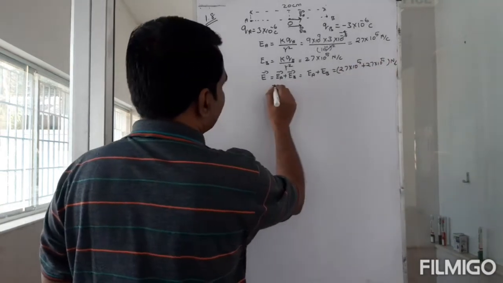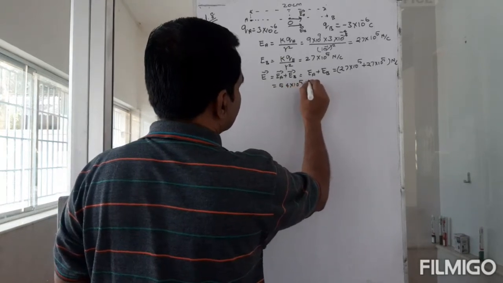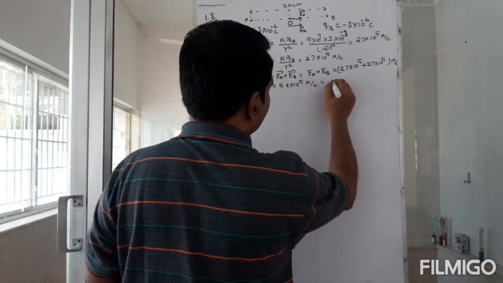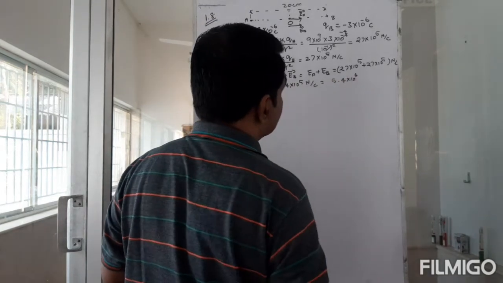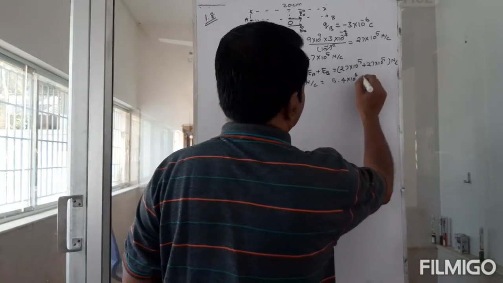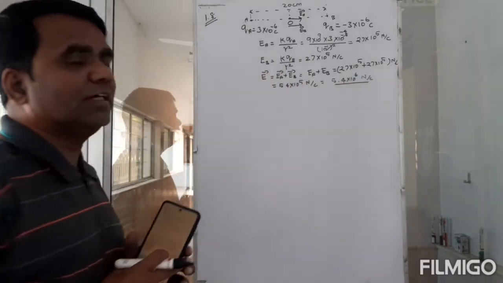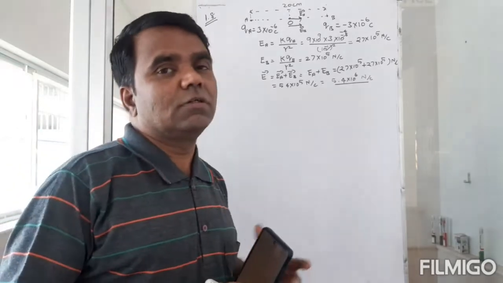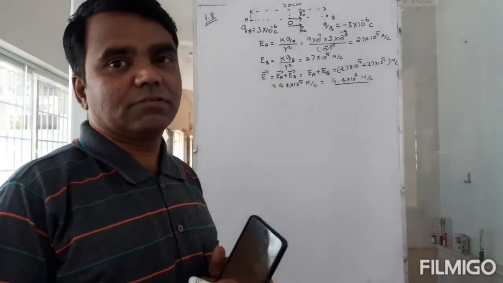So that is 54 into 10 power 5 Newton per Coulomb, or it's equal to 5.4 into 10 power 6 Newton per Coulomb. So roughly 5.4 million Newton per Coulomb. So that is the strength of that field at the very center.